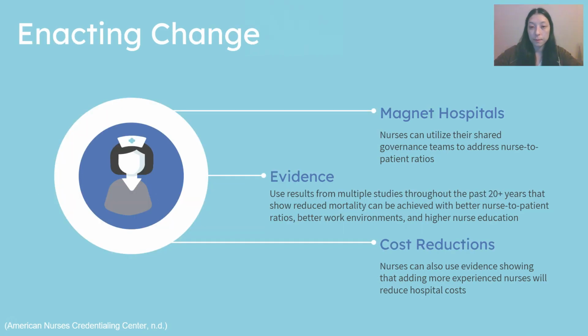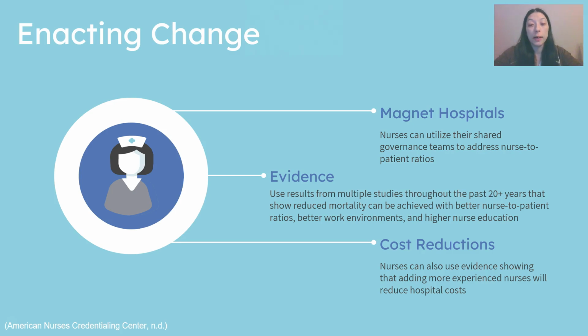Nurses at magnet hospitals can enact change by utilizing their shared governance teams to address their nurse-to-patient ratios. Nurses can use the results from multiple studies throughout the 20-plus years, as well as evidence from the literature review included in this presentation, that showed reduced mortality can be achieved with better nurse-to-patient ratios, better work environments, and higher nurse education.